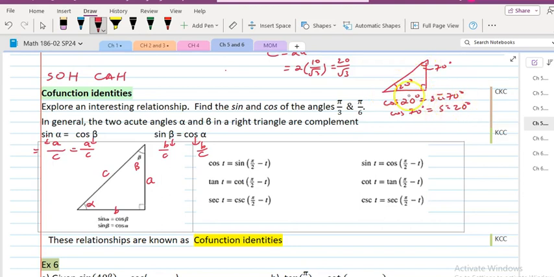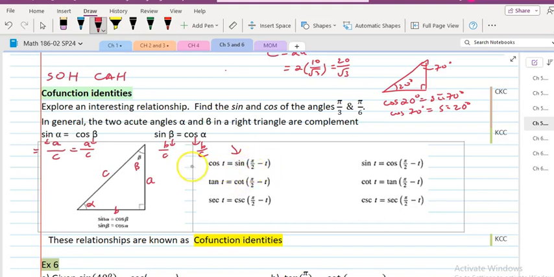That means in a right triangle, if two angles sum to 90 degrees, you can switch them. So we get this co-function identity that says cosine t equals sine of 90 degrees, or pi over 2, minus t. If this is 20, then this is 70, so you use 90 degrees minus it.